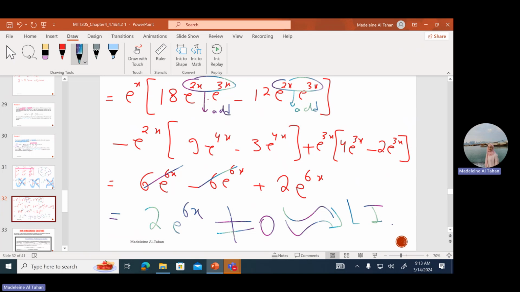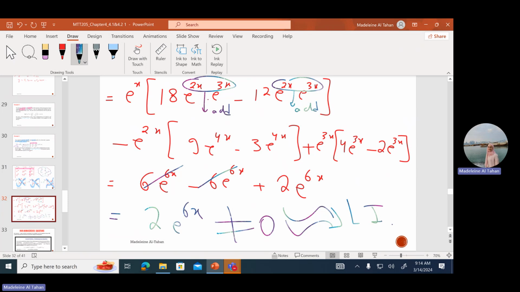Okay, what can we do? How many solutions do we have here? 3. And what's the order of our differential equation? It was 3, right? So what can we say now? They are linearly independent. The order is 3. Their number is 3. It means that this forms a fundamental set of solutions.